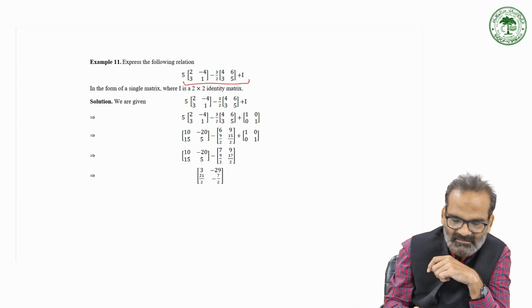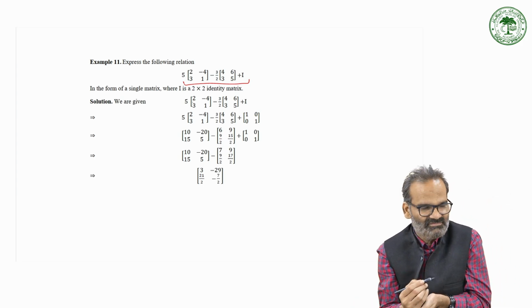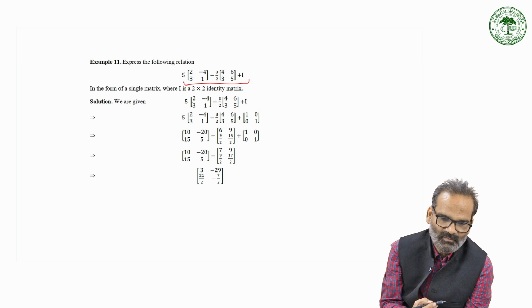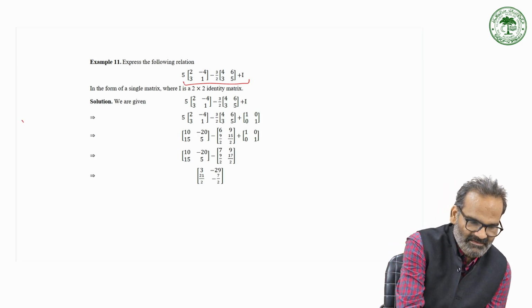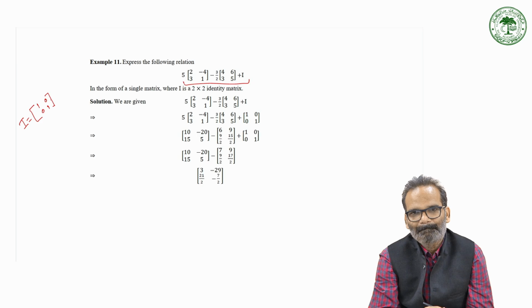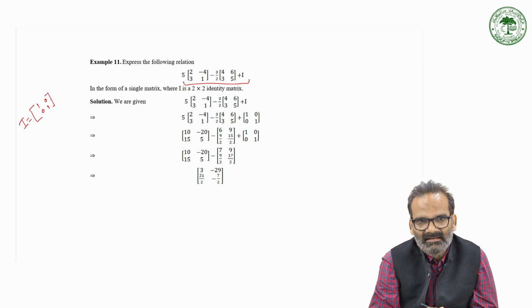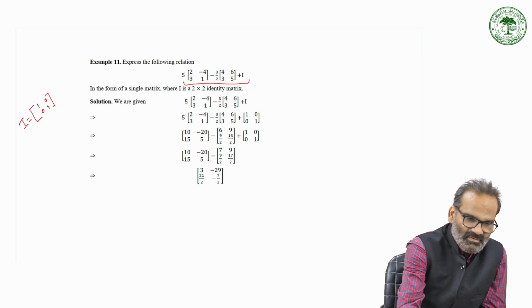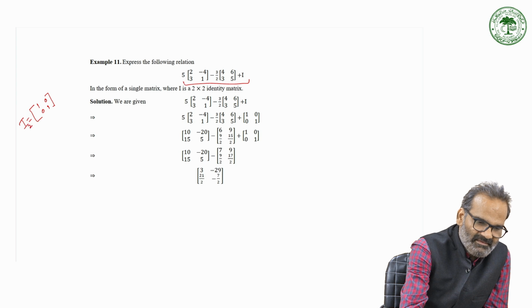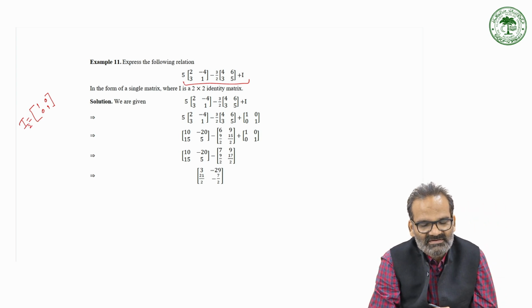I is a matrix of order 2 by 2 means I equals the matrix 1, 0, 0, 1. I2 means a matrix of order 2 by 2, and I2 is written like this.